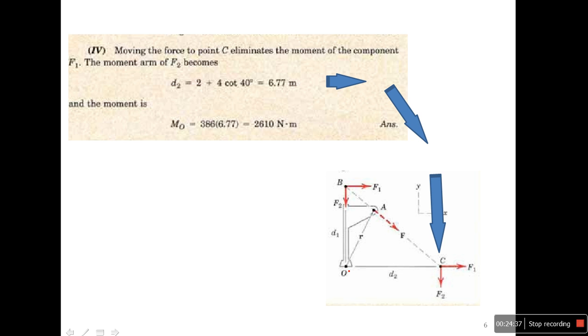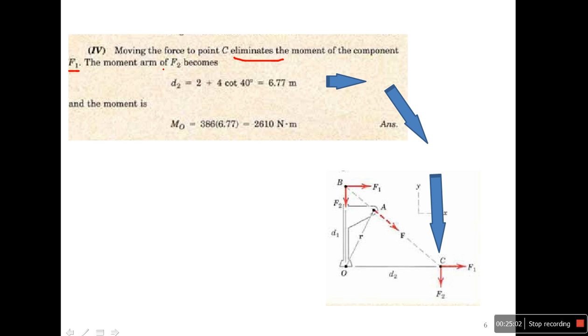If I find D2, I can get the moment of F2. He said moving the force to point C eliminates the moment of the component F1.